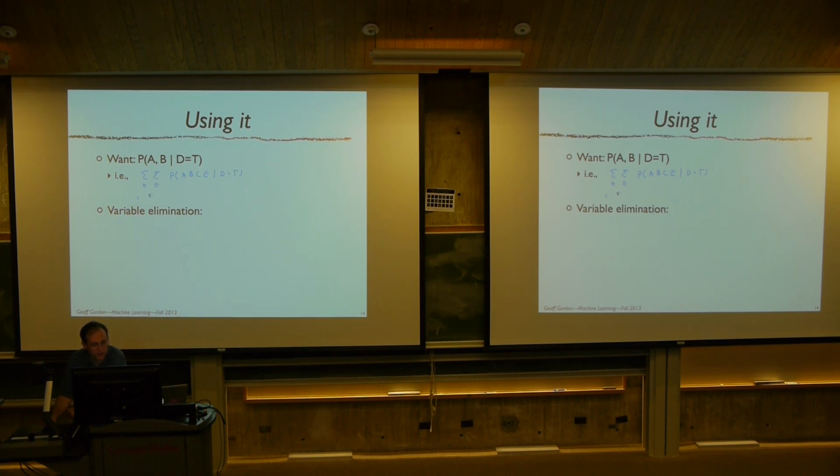So it's the sum over A and sum over E of the product of all of our potentials with D fixed to be true, divided by the sum over A, B, sum over C, sum over E of the same thing.